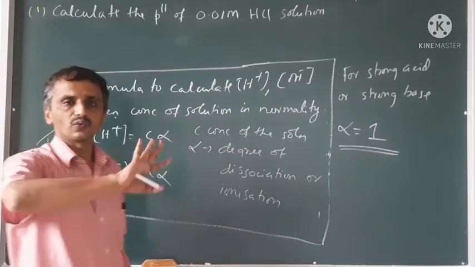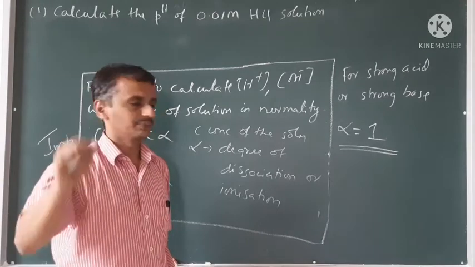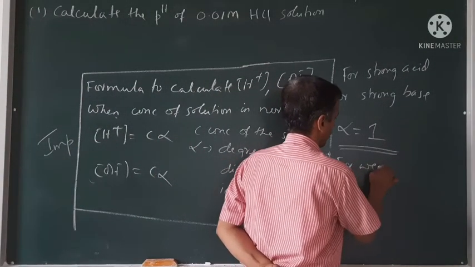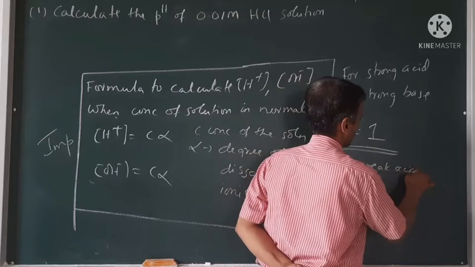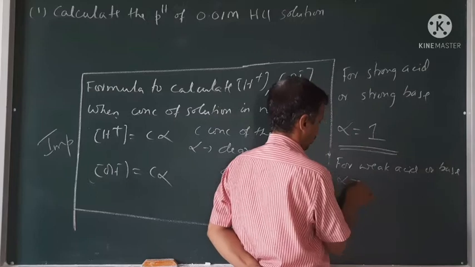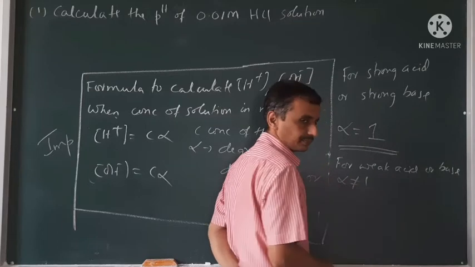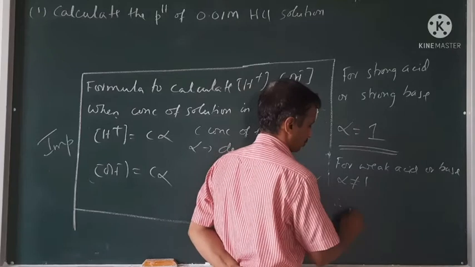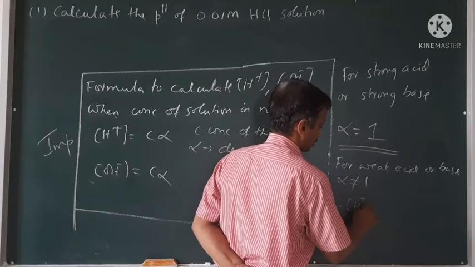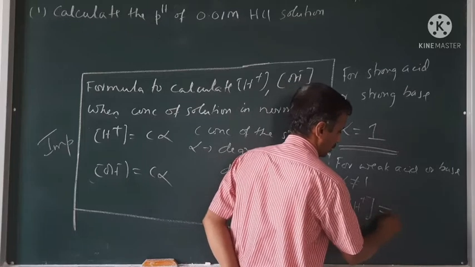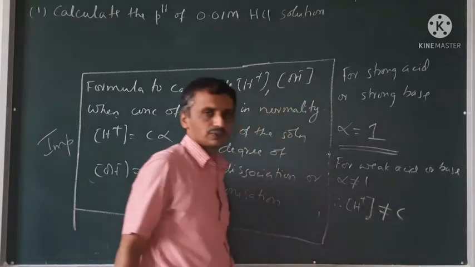That means for a weak acid or base, it is not 1. For weak acid or base, alpha is not equal to 1. Therefore, H plus concentration is not equal to the concentration of the solution.